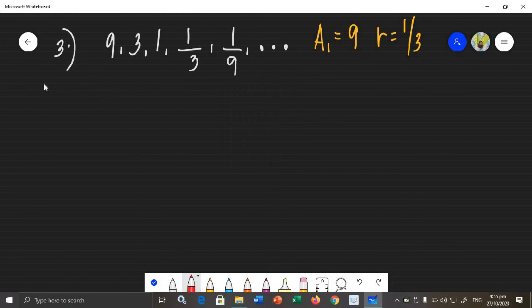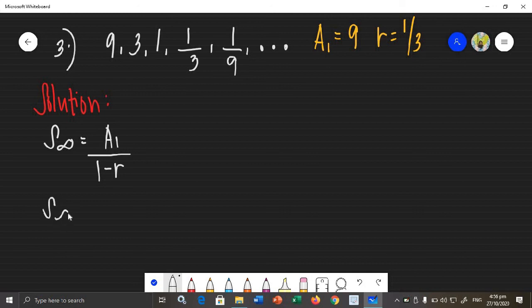So, I'm going to write the solution here. Using the formula, we can solve for the sum of infinite terms of the given geometric sequence. Okay? So S sub infinity is equal to a sub 1 all over 1 minus r. S sub infinity, your a sub 1 is 9. 1 minus your r is 1/3.